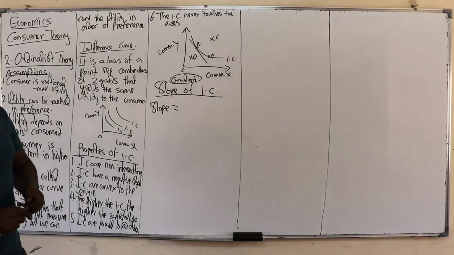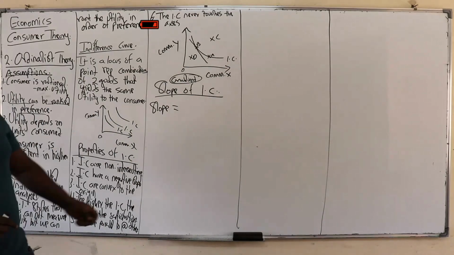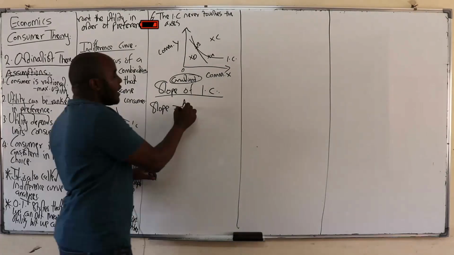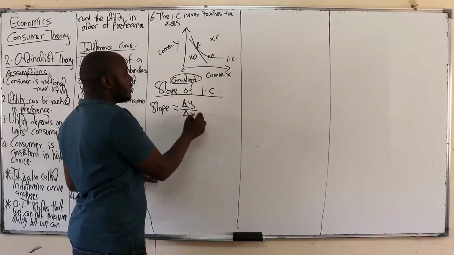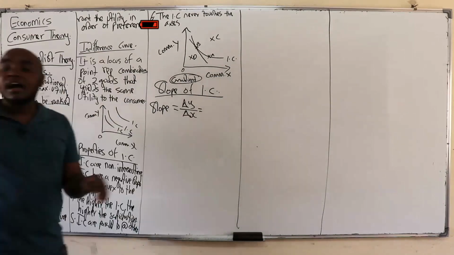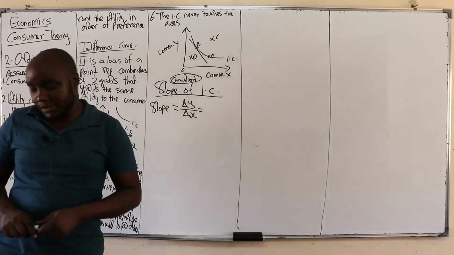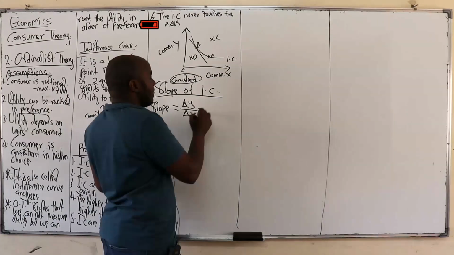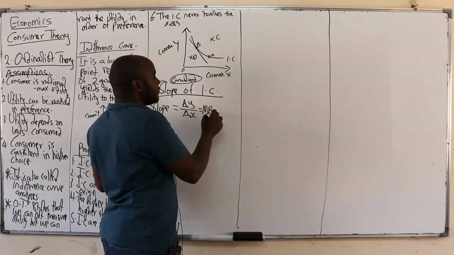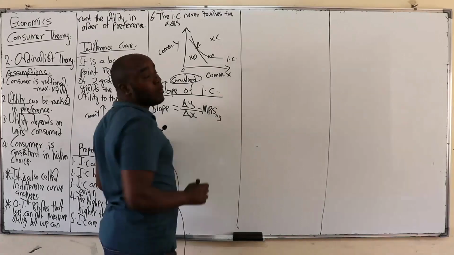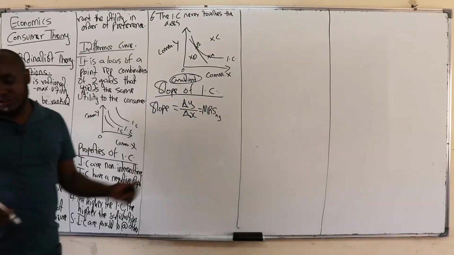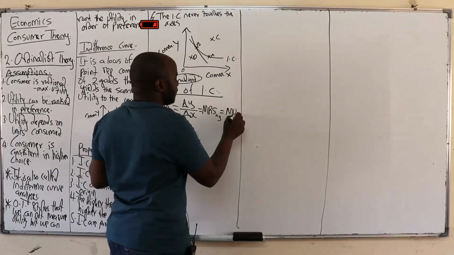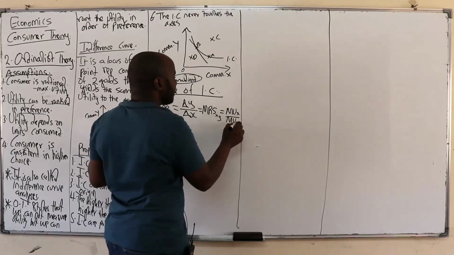The slope of the indifference curve is the change in y divided by the change in x, which is also equal to the marginal rate of substitution of x and y, which is also equal to the marginal utility of x divided by the marginal utility of y.